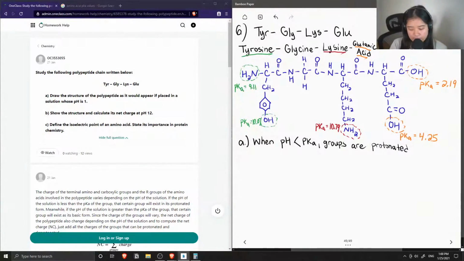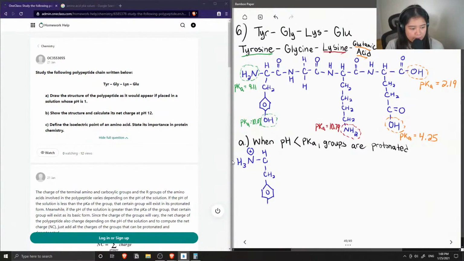So now let's try to draw out what this chain would look like. Notice that all of these pKa values are greater than the pH equal to 1, so they're all going to be protonated. The amine group on our tyrosine will have an extra hydrogen, so this will be protonated. And then I'm going to draw the rest of my chain, so bear with me because it's a long chain.